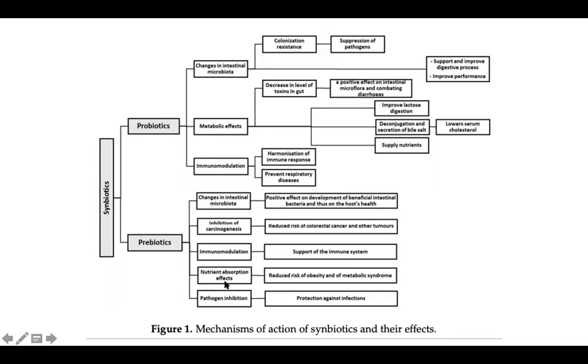But what can be done by the application of prebiotics? Changes in intestinal microbiota, because prebiotics are the food of the intestinal microbiota, so they influence and modulate the diversity and population of the intestinal microflora. Inhibition of carcinogenesis, yes. Some organisms, for example Helicobacter pylori, produce toxins which are carcinogenic and can cause cancer in humans.